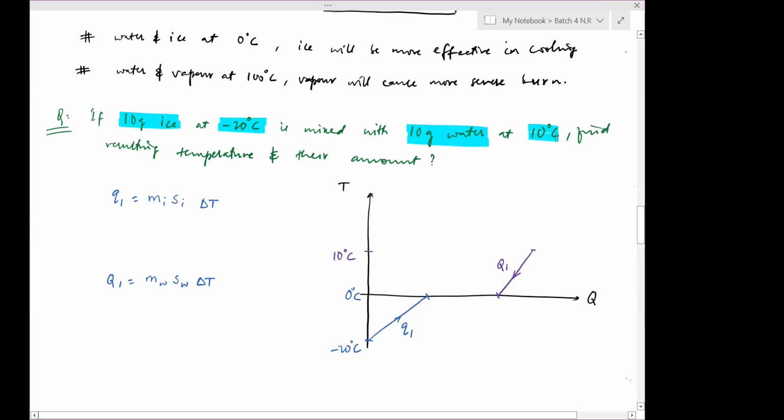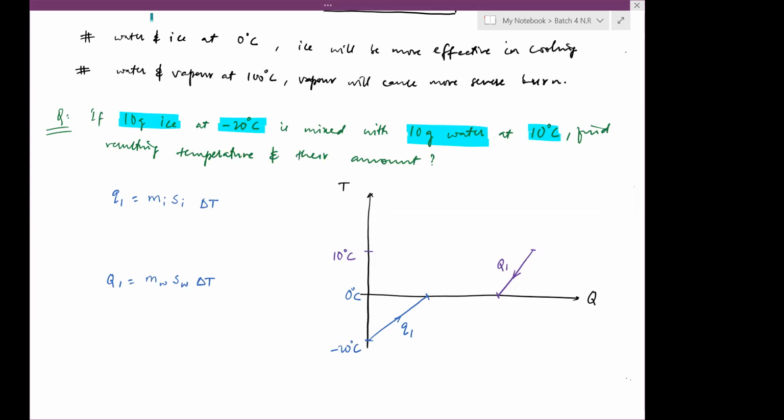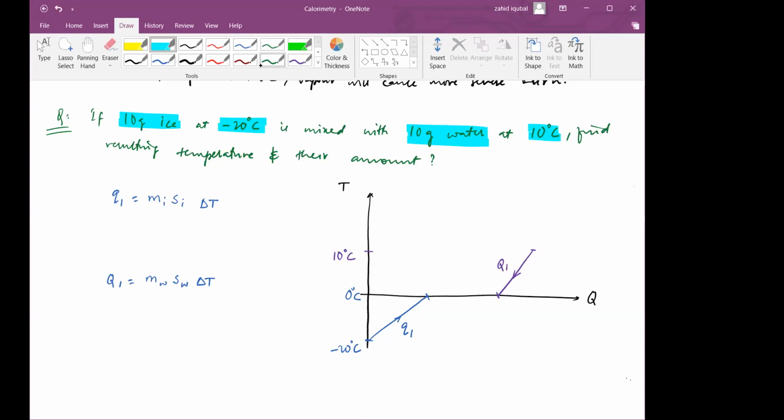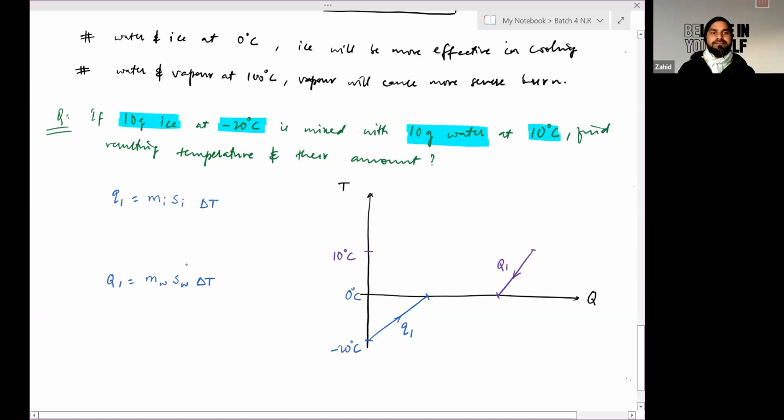So what will be SI and SW? SW is the specific heat capacity of water. So it would be 1. Try to calculate in terms of gram, so your answer for Q will be in terms of calorie.